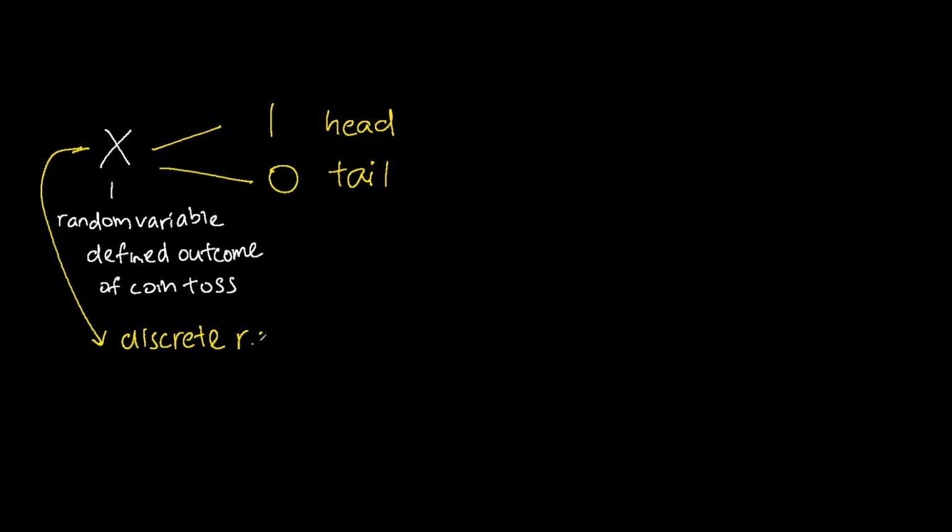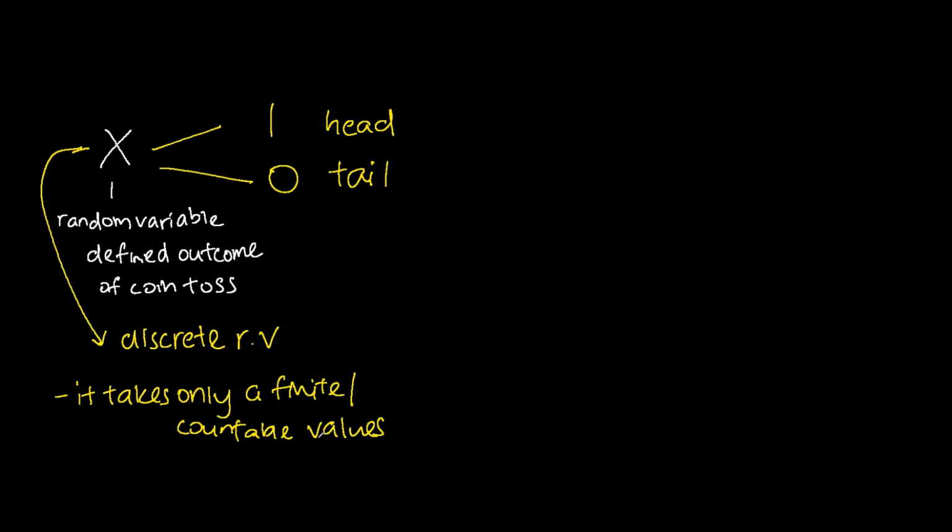A discrete random variable simply means it takes on a finite countable number of values.